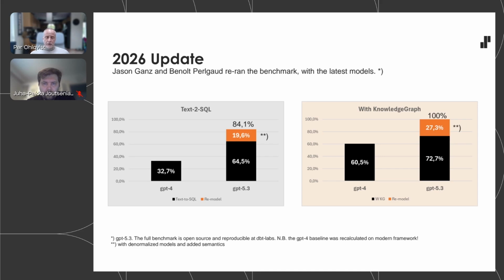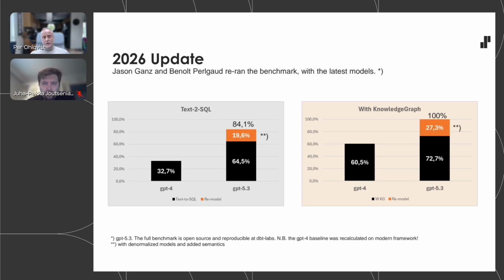You still see text to SQL struggles in the GPT-4 models, and the semantic backbone is giving better results. The key finding here is that even state-of-the-art models struggle without the semantic context.